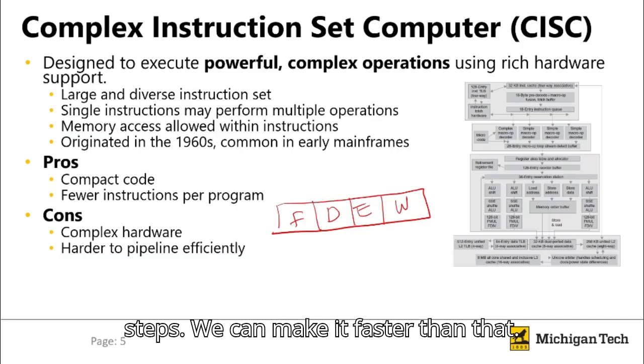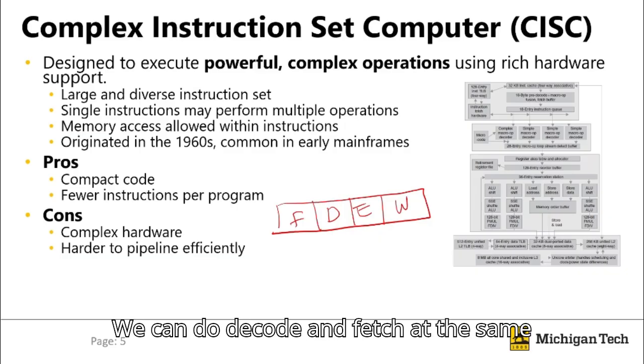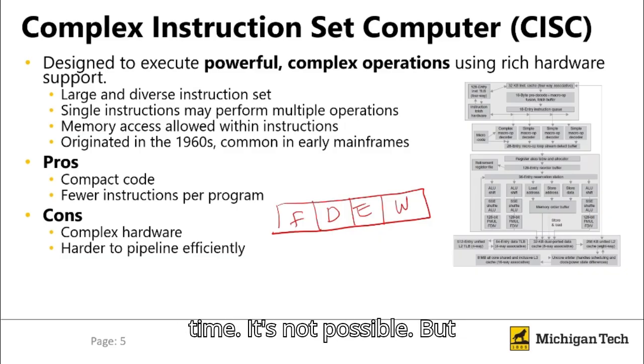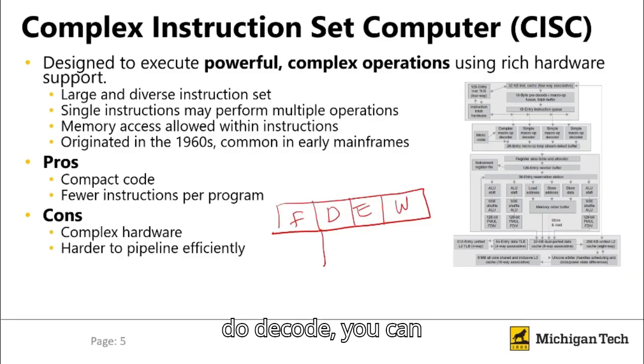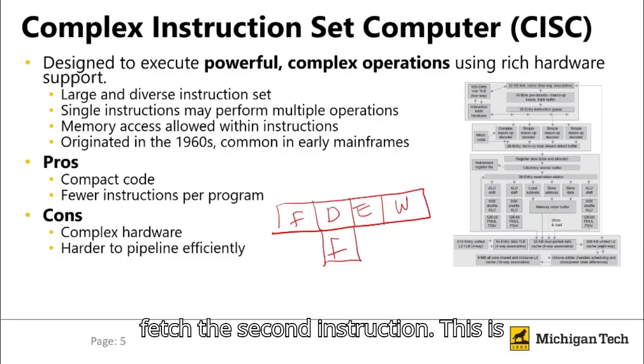We can make it faster than that. We can do decode and fetch at the same time. It's not possible for the same instruction, but when we decode it, fetch is free. We can fetch another instruction. That's called pipelining. Pipelining means when you do decode, you can fetch the second instruction.